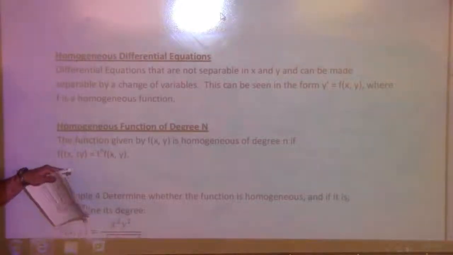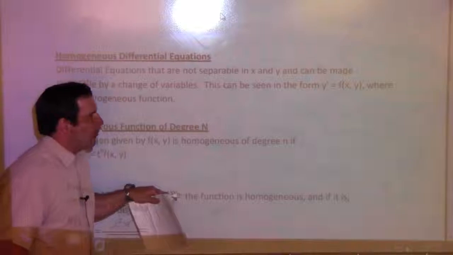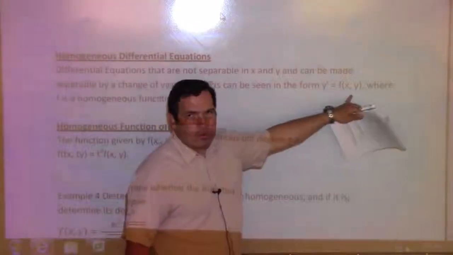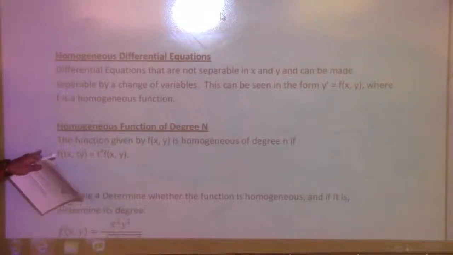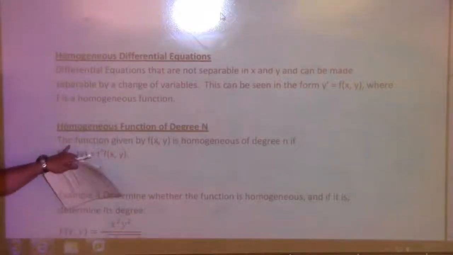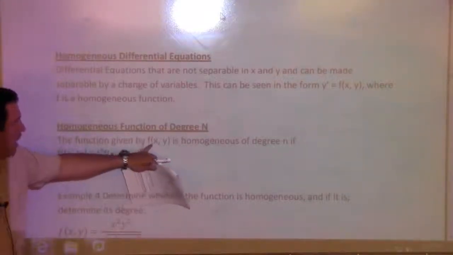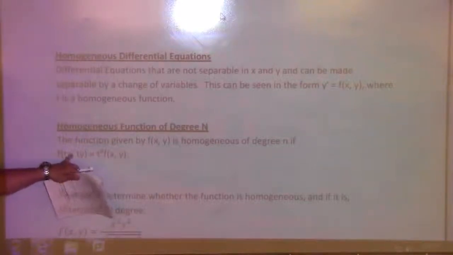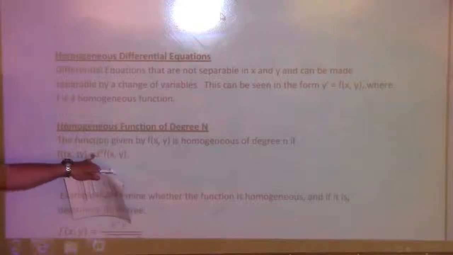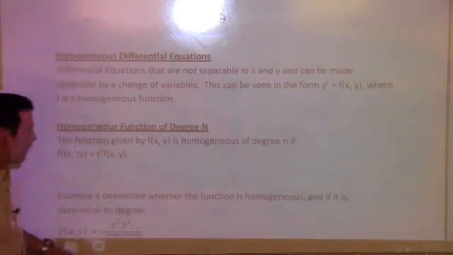This can be seen in the form y prime equals f of x, y, a function of two variables, where f is a homogeneous function. A function f of x, y is homogeneous of degree n if f of tx, ty is t to the n f of x, y.